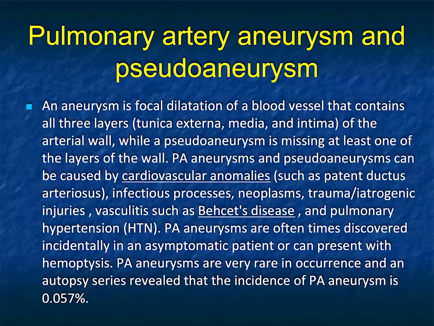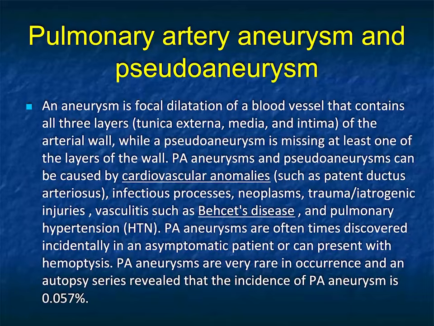Now, when you talk about pulmonary artery aneurysms and pseudoaneurysms, an aneurysm is a focal dilatation containing all 3 layers of the arterial wall, while pseudoaneurysms are missing 1 or 2 of these layers. We talk about causes of pulmonary artery aneurysms and pseudoaneurysms.